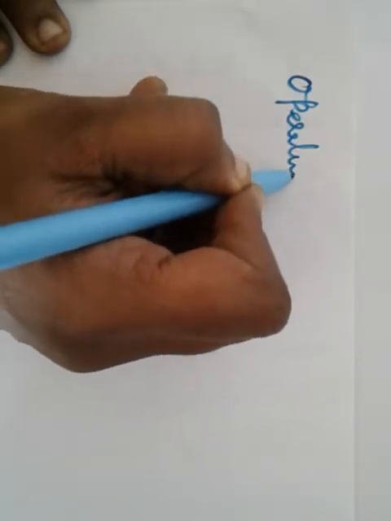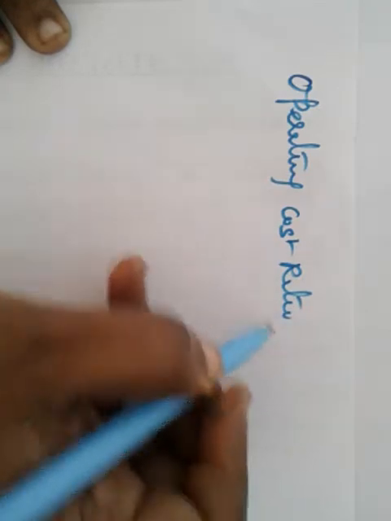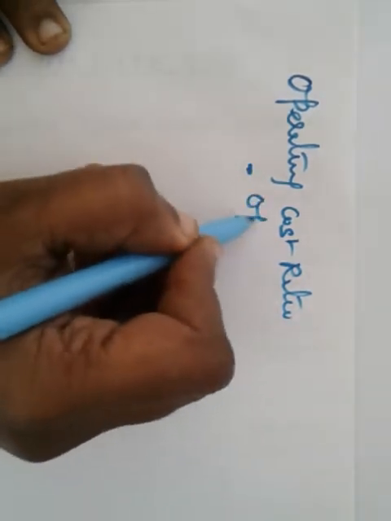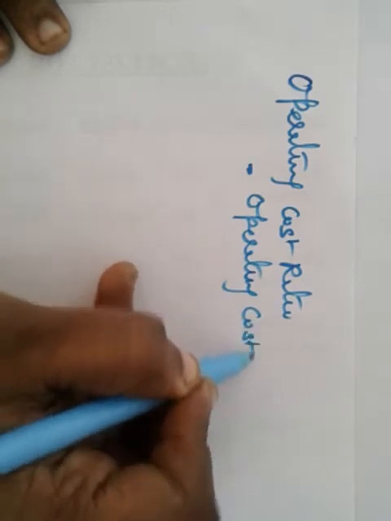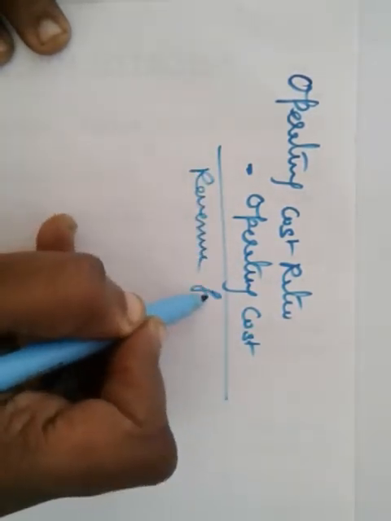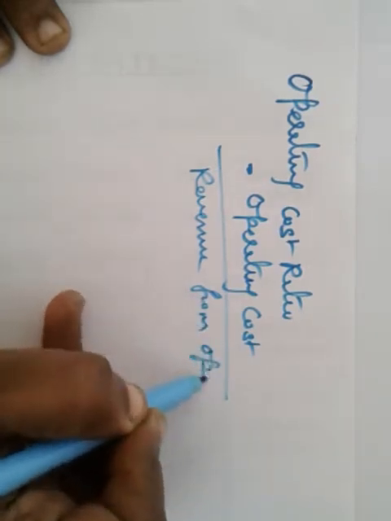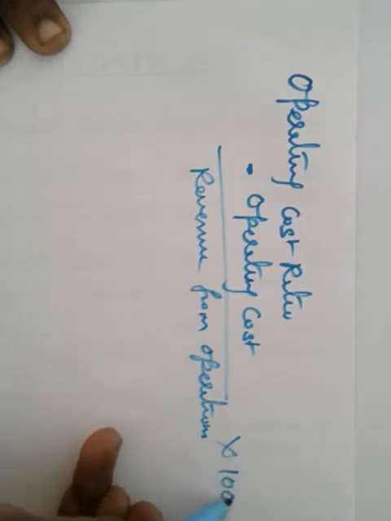What is the formula for finding operating cost ratio? Operating cost ratio is equal to operating cost by revenue from operations into 100.